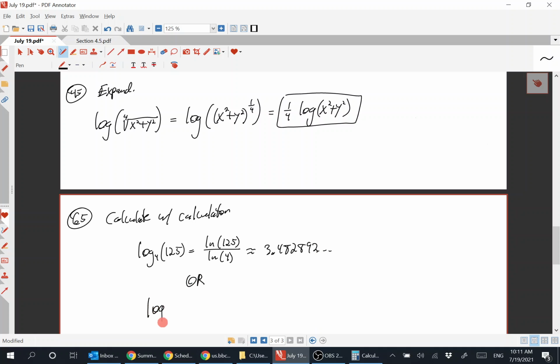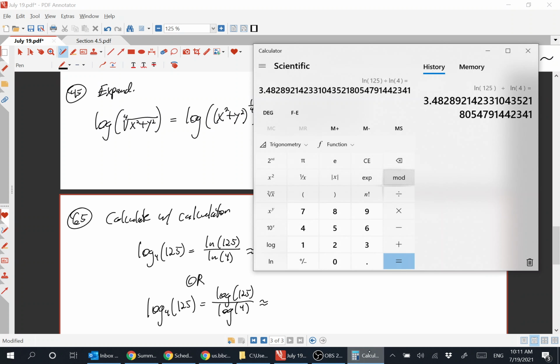Or you can do log base 4 of 125 is equal to log 125, that's log base 10, over log base 10 of 4. Either one is fine. It will give you the exact same answer. So 125 log divided by 4 log is exactly the same thing. All right, natural log 125 divided by natural log 4.